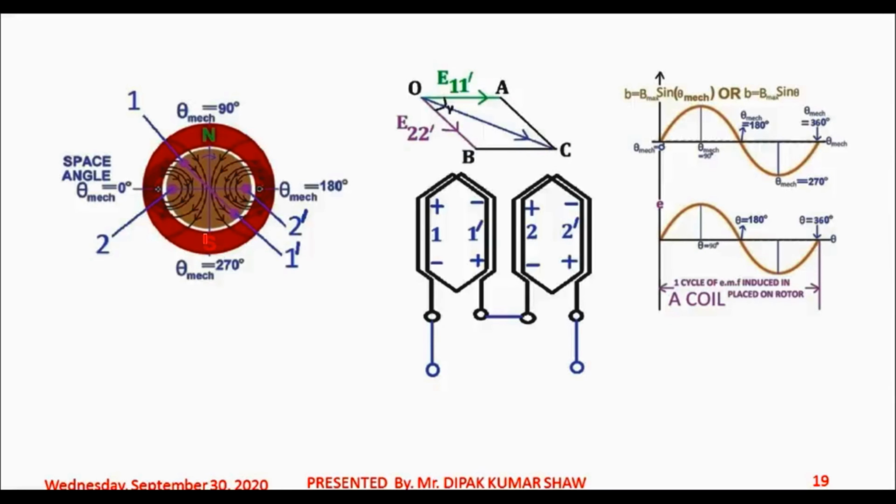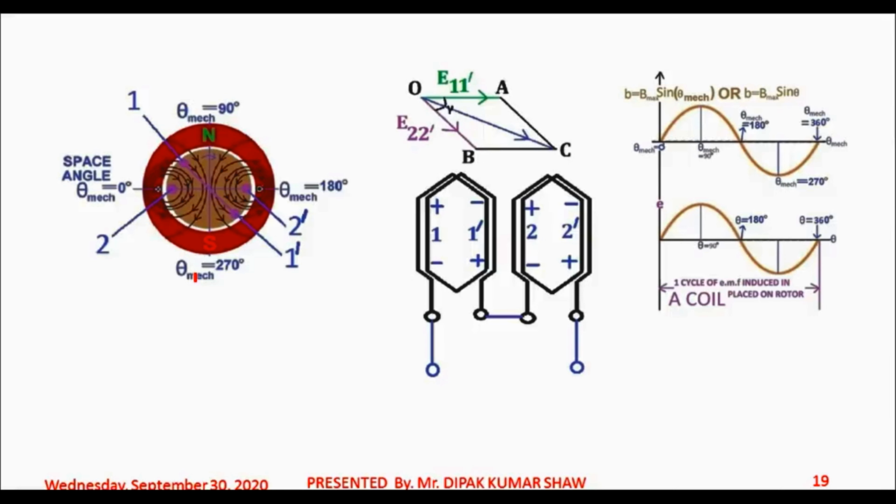After the gamma degree rotation of the rotor in clockwise direction, coil side 2 would be coming under the north pole center, coil side 2 dash under the south pole center. This is from the instant when coil side 1 was already in that position: coil side 1 under the north pole center, coil side 1 dash under the south pole.